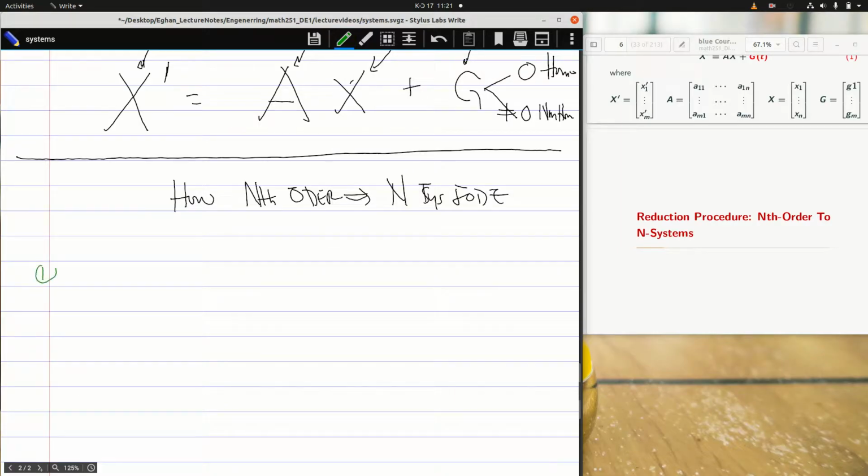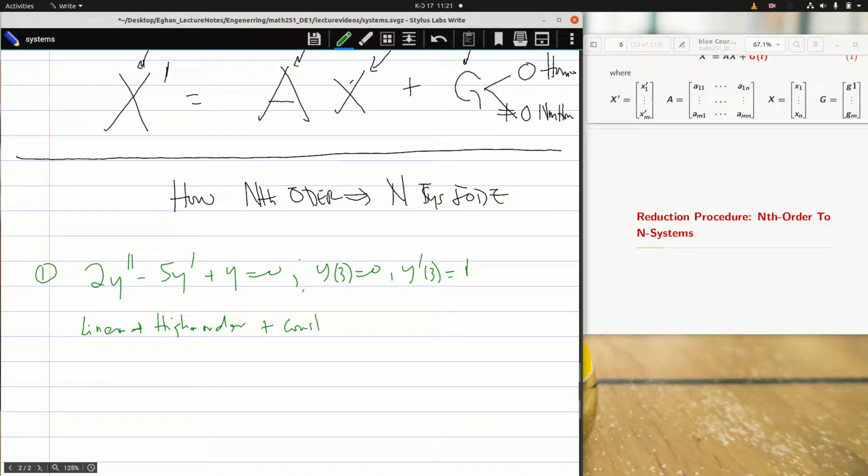Assuming I have an equation as this, plus y is equal to 0, with some initial conditions giving us y of 3 equal to 0, y prime of 3 is equal to 1. This is the equation to solve. You realize that it's a linear equation. It is a higher order equation because the order is 2. It is also constant coefficient, and it is homogeneous because the g(t) term is 0.